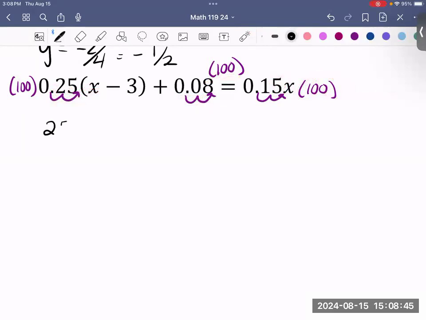So we have 25 times x minus 3 plus 8 is equal to 15x. So something a little bit more manageable now. They're just whole numbers, and we can take on the same exact application as we have done before.